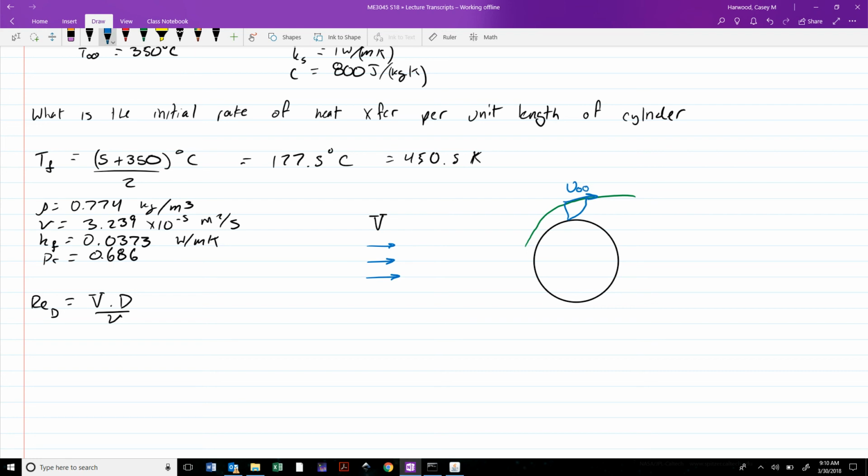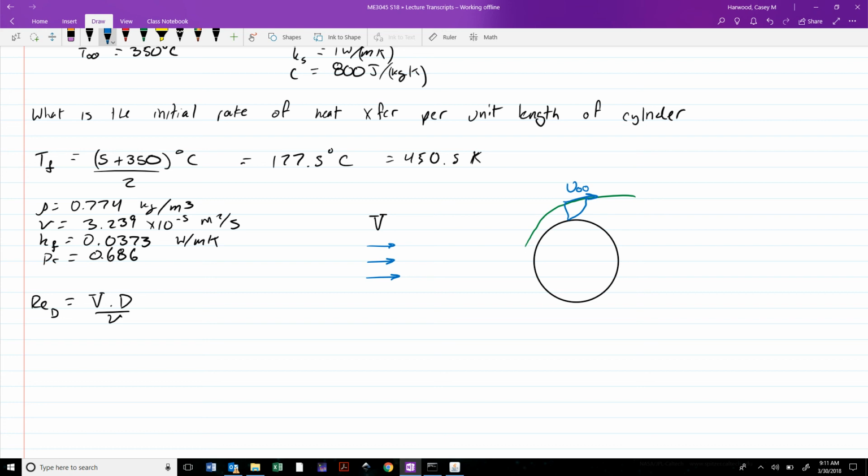So U infinity is actually affected by the presence of the cylinder itself. And so we pick another variable name, which is V. So V for a cylinder is the same thing as U infinity for a flat plate. Just understand that in both cases we are interested in the velocity of the flow far, far away from the object we're considering. The undisturbed velocity, if you will. So the choice of variable name isn't that important. The thing is that you use the right value here. And it'll usually be made pretty clear for flow past cylinders.